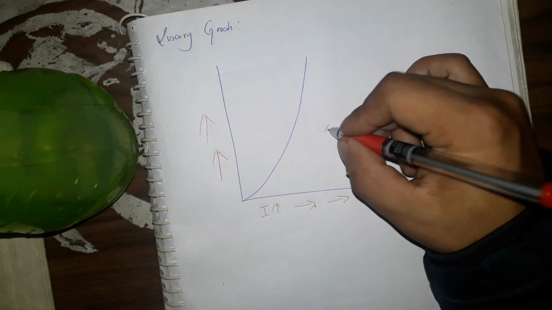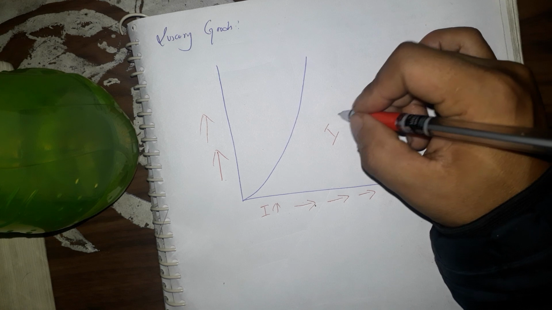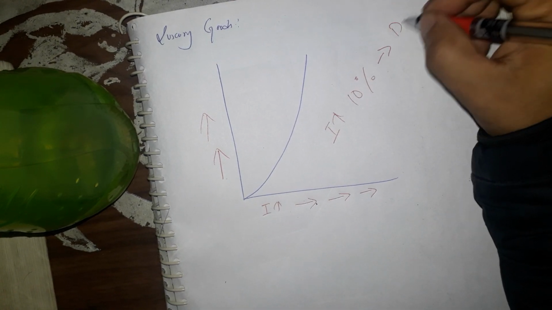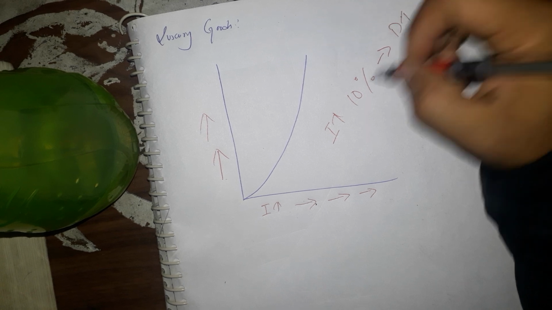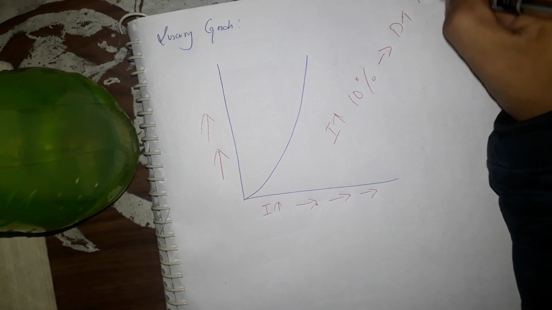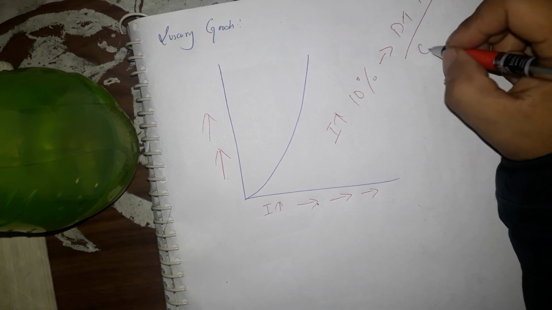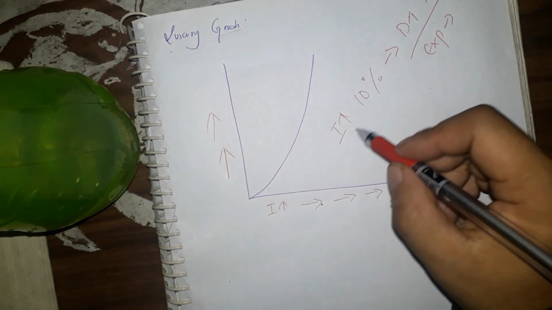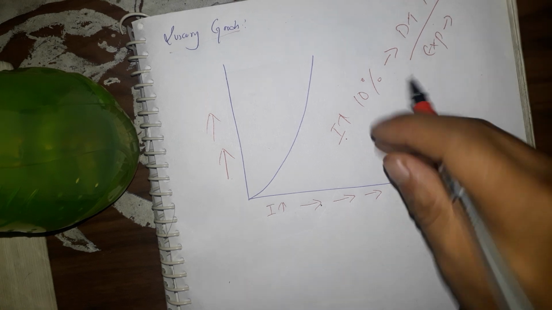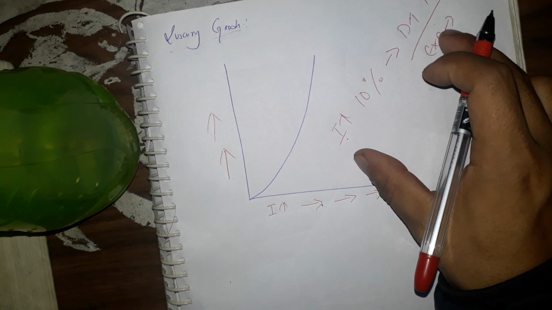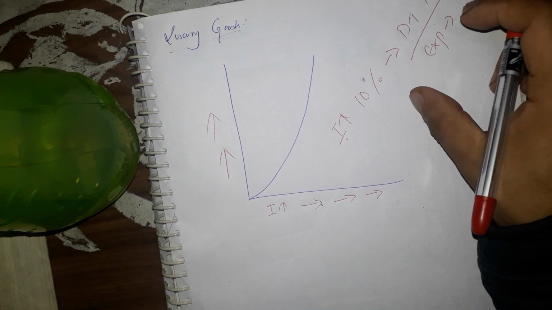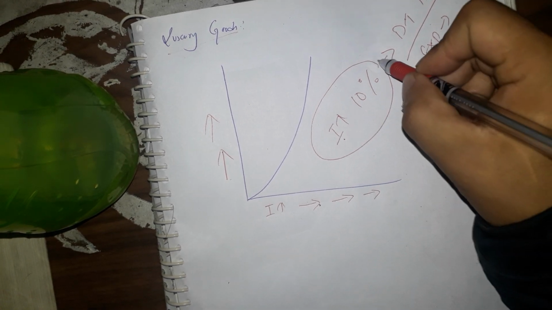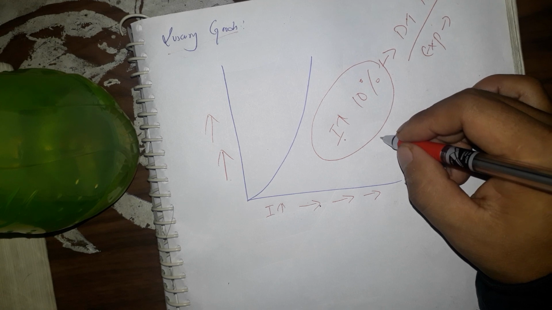For example, if income increases by, let's say, 10%, demand for the luxurious good will increase by more than 10%, let's assume 11%. We clearly know that this demand is our expenditure. So in the case of luxury goods, income and expenditure move in the same direction, but the percentage spent on expenditure is greater than the increase in income. So this is the case for luxurious goods.